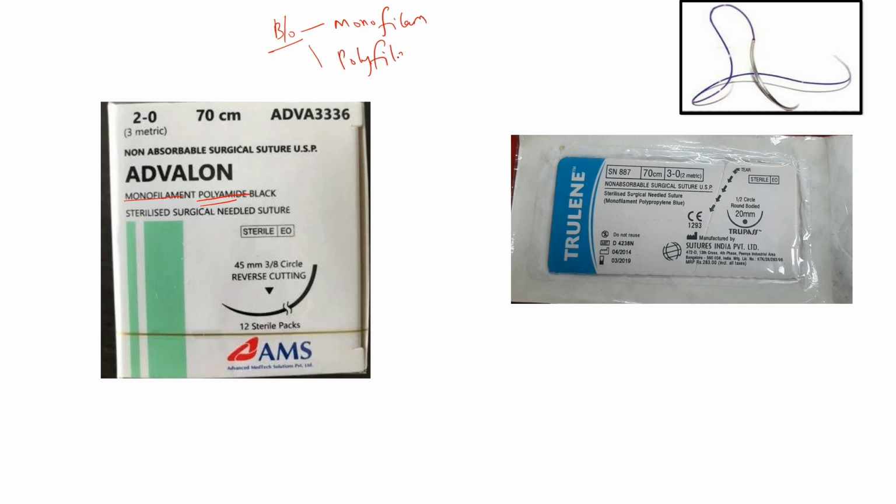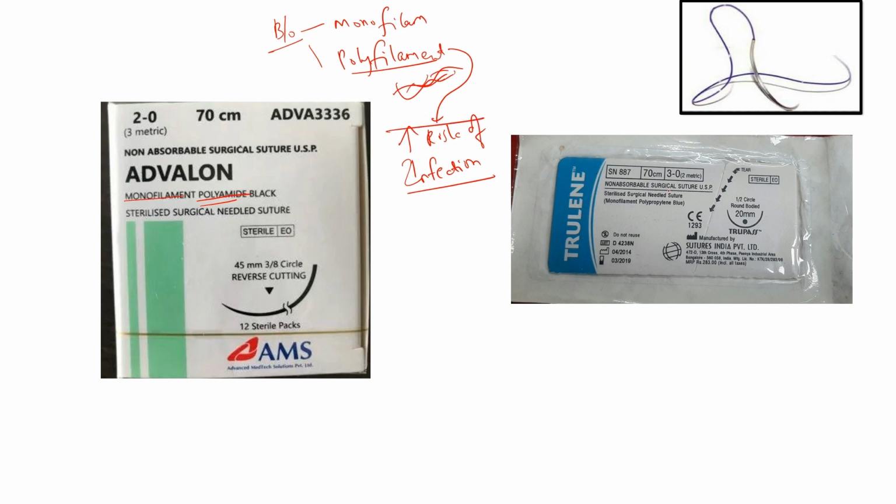The disadvantage of polyfilament suture material is that they have got crevices where the bacteria can go and accumulate. So there is an increased risk of infection with polyfilament suture material.